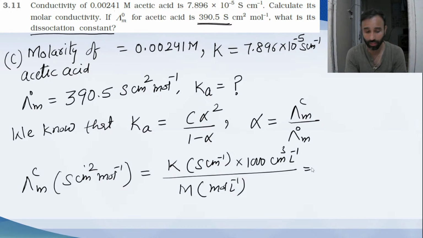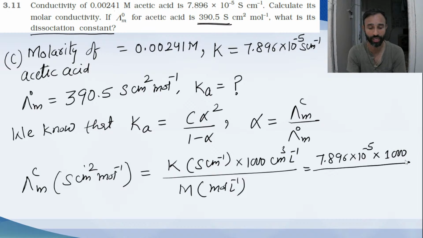So lambda m c is 7.896 into 10 raised to power minus 5 into 1000 divided by the molarity, that is 0.00241, right?